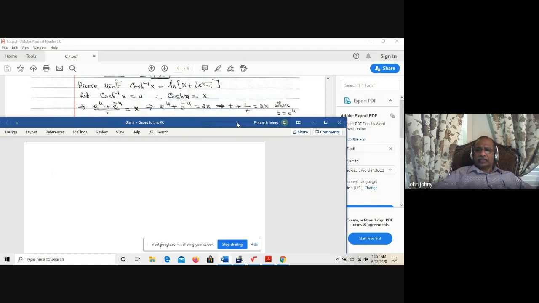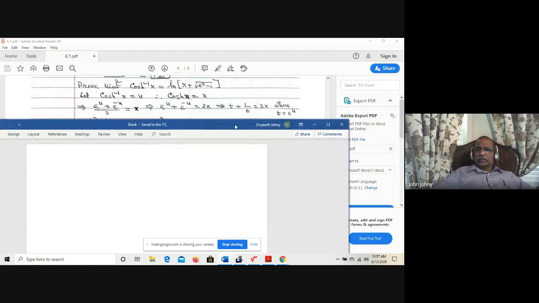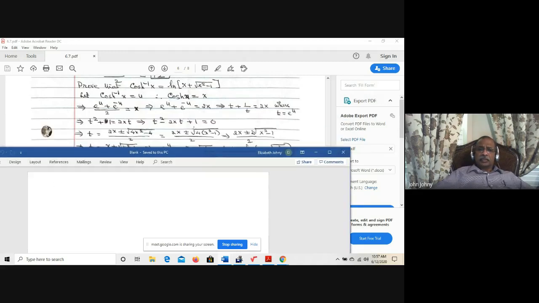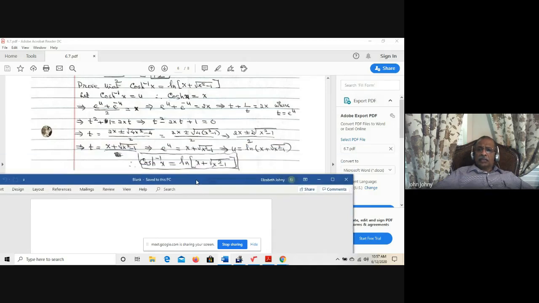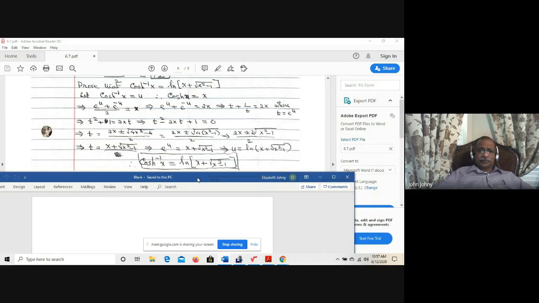For convenience, you call t equal to e to the u. So this is t plus t to the negative 1, which is 1 over t, equal to 2x. Multiply, and you get a quadratic equation here. Use the quadratic formula, and finally replace t first and then replace u.